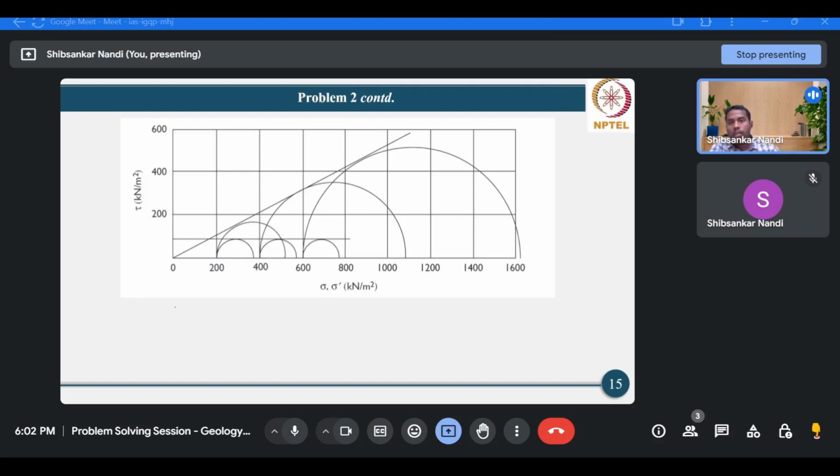So as you can see, these are the Mohr circles.